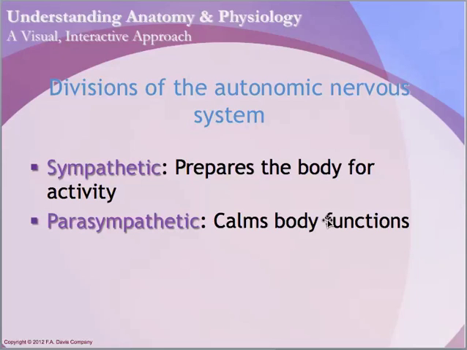So in the sympathetic division, we have increased alertness, increased heart rate. We have dilated bronchial tubes to increase airflow to the lungs, dilated blood vessels to increase blood flow, and it inhibits intestinal motility because we certainly don't need intestinal motility when we're trying to run from a bear. It stimulates secretion of thick salivary mucus, stimulates sweat glands, stimulates adrenal glands, and has no effect on the urinary bladder internal sphincter.